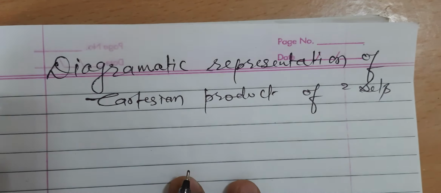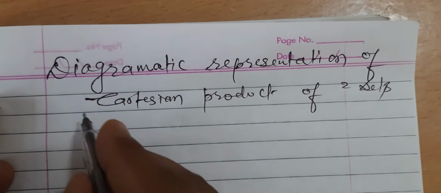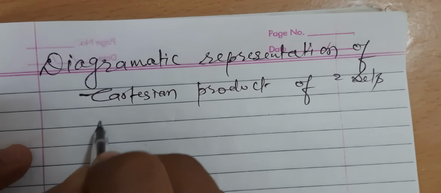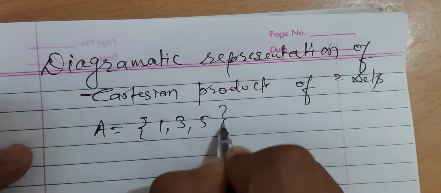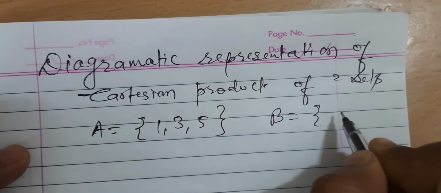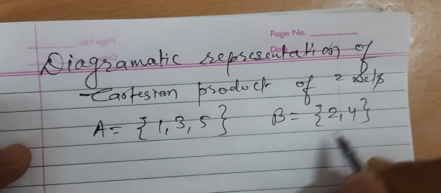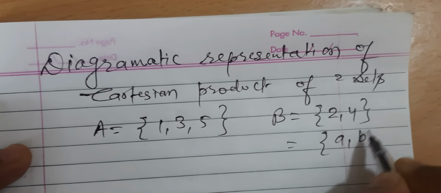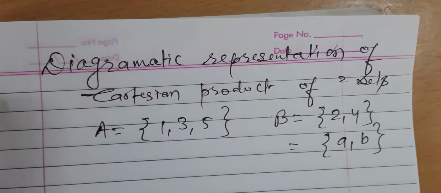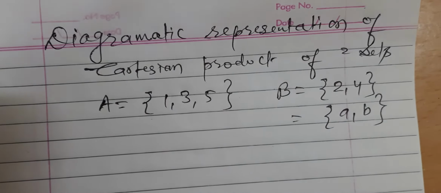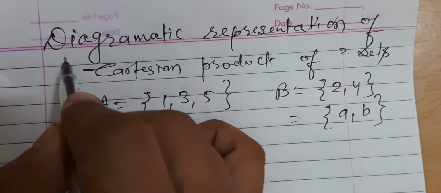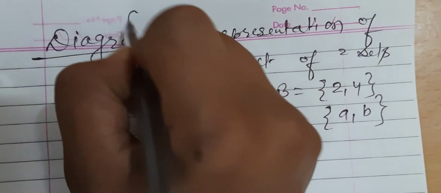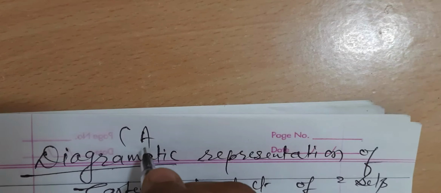If we are given two sets A and B, set A elements are 1, 3 and 5 and set B elements are 2 comma 4, or you can also get elements in the form of a and b and c and d. Okay, so this is diagrammatic representation, or using an arrow diagram.